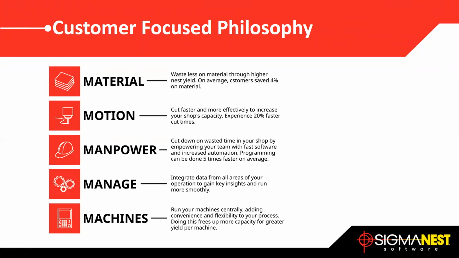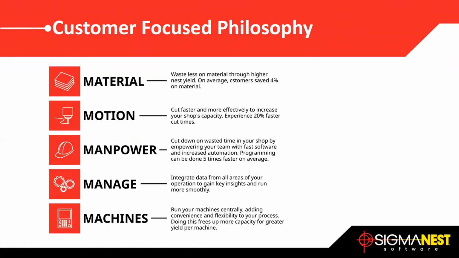Also, once we nest the parts, we're going to put the toolpath on the parts and optimize the motion to go from part to part, as well as looking at things like pierce reduction and various other accommodations for this. What we're going to focus on today is the manpower side of things, which is importing SolidWorks files, just doing things to eliminate wasted time while programming in the CAM system.